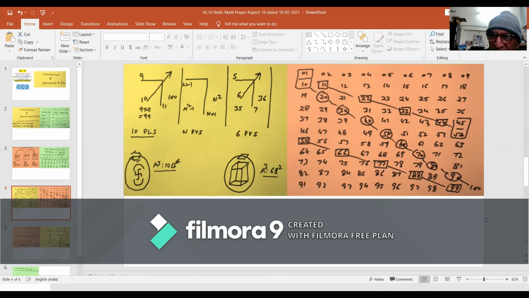We have 01 to 99 as 99 double digit numbers of the 10 place value system, and these permit their organization as 9 columns and 11 rows.